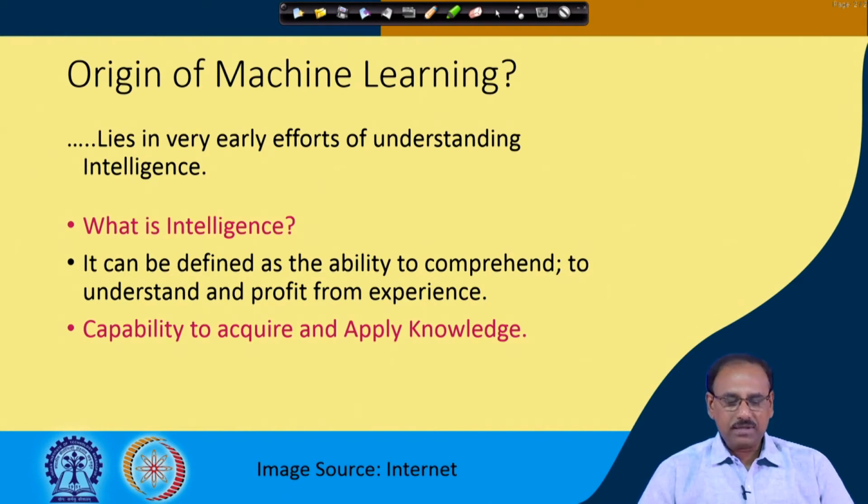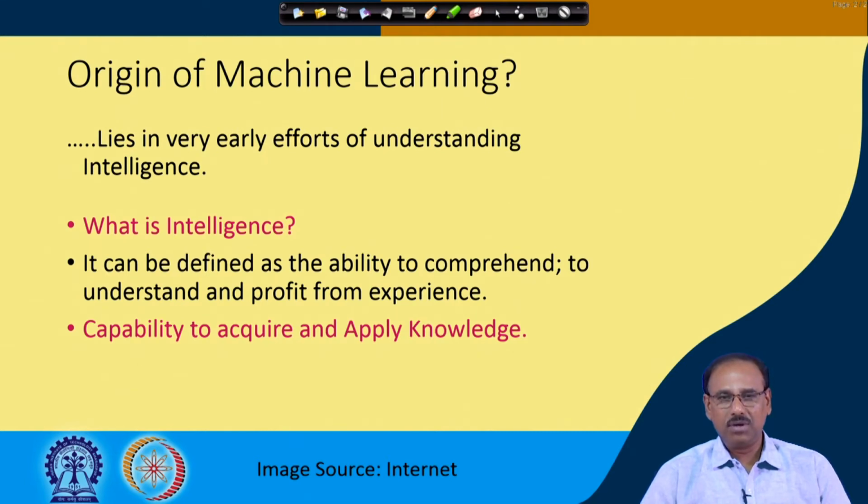Intelligence can be defined as the ability to comprehend, to understand, and profit from experience. You find that this is a very crisp definition. And these three words, comprehend, understand, and profit from experience, lie at the heart of what is machine learning or what is deep learning.